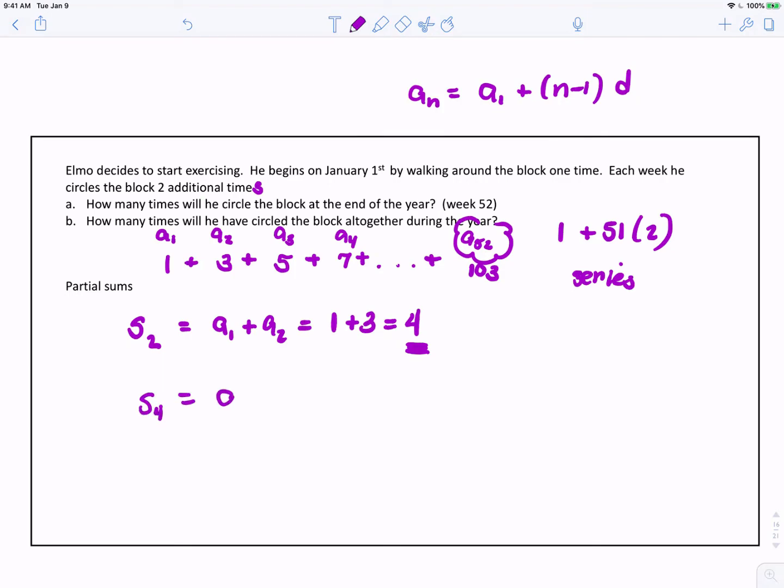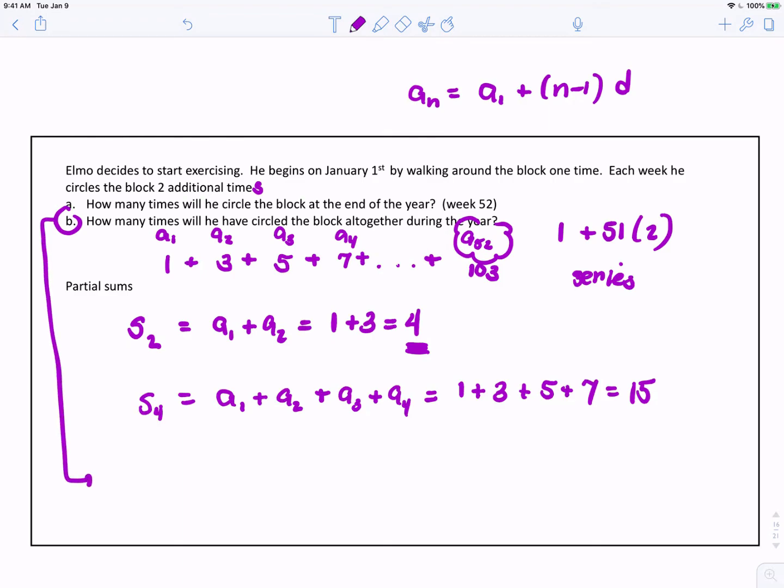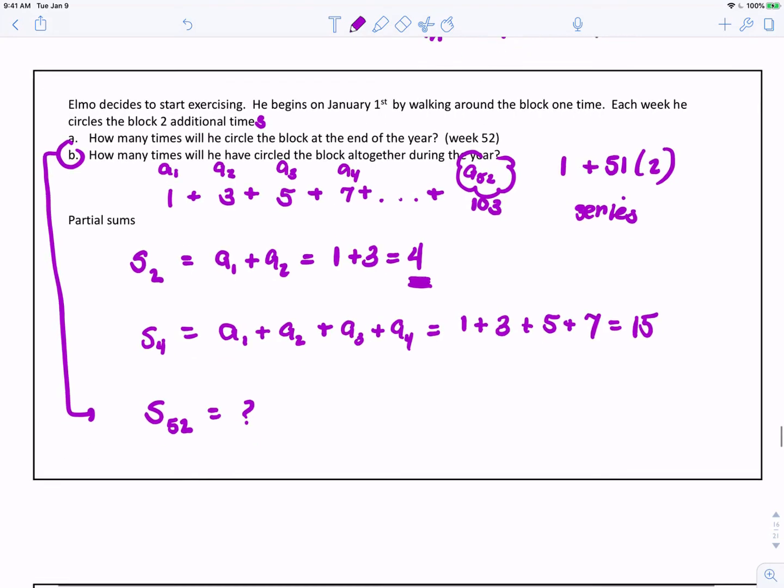That would be the sum of the first 4 terms of the sequence. So in this case, it would be 1 plus 3 plus 5 plus 7, or in other words, 16. And so to answer question B, what we're wondering is what would S sub 52 be? What would the sum of the first 52 terms of this sequence be? And that's what we're going to learn how to do.